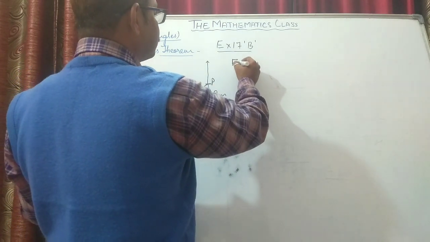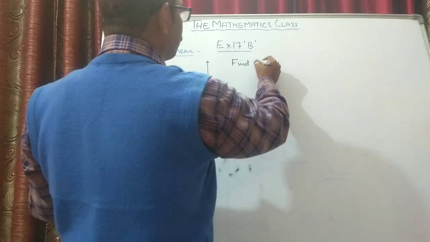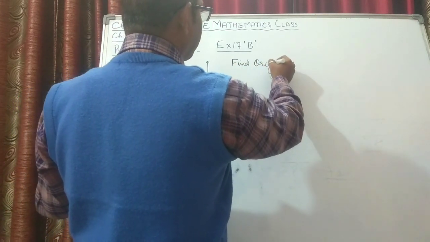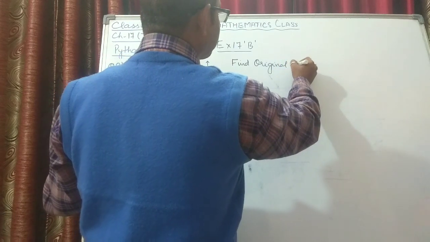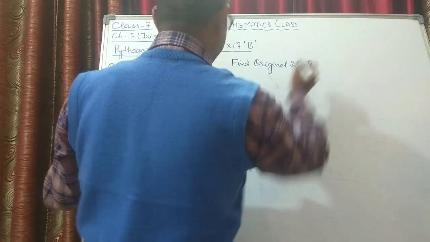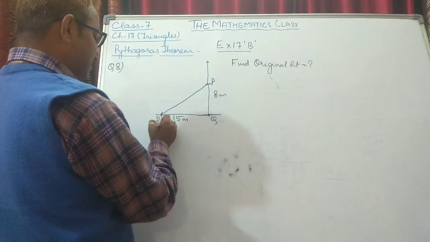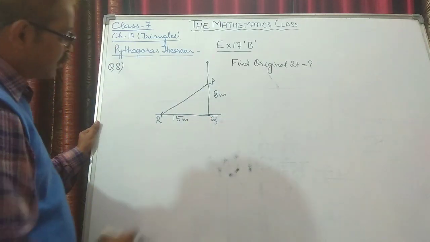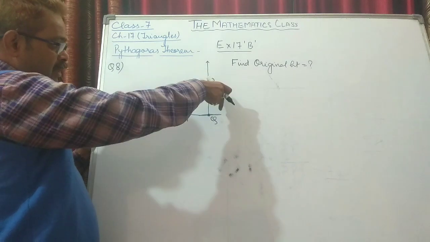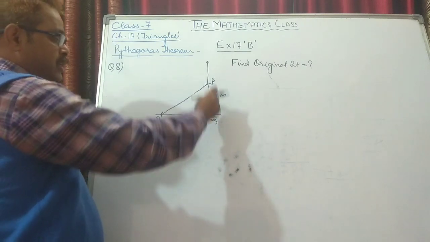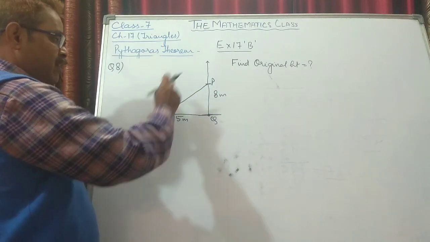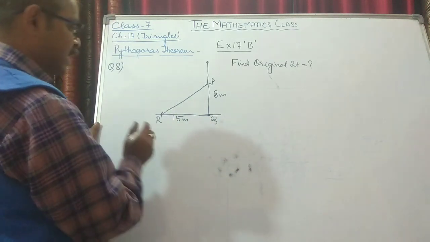We have to find the original height of the tree. Now let us name this P, let this be Q, and this be R. So the original height of the tree would be what is standing plus what broke, PQ plus PR. First of all, we will calculate PR.